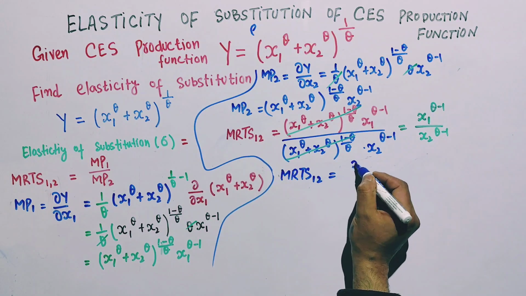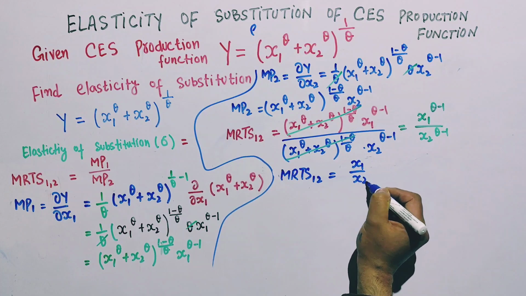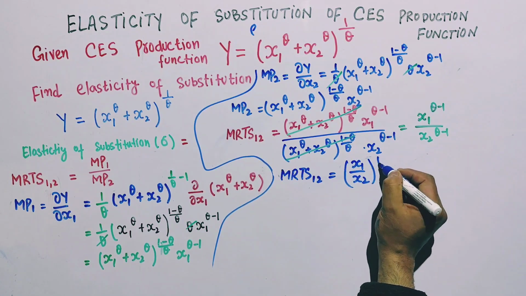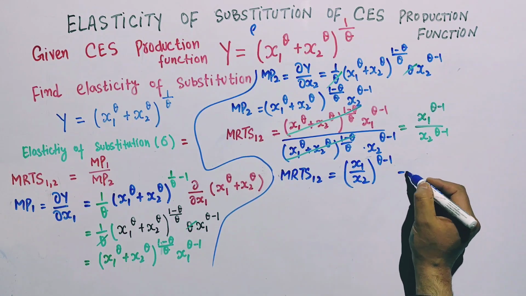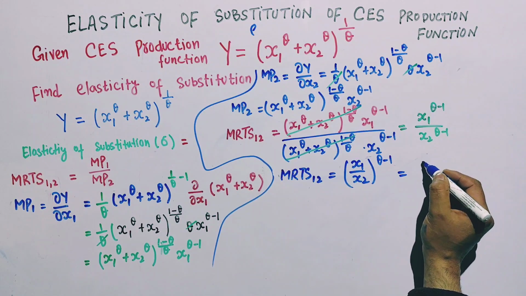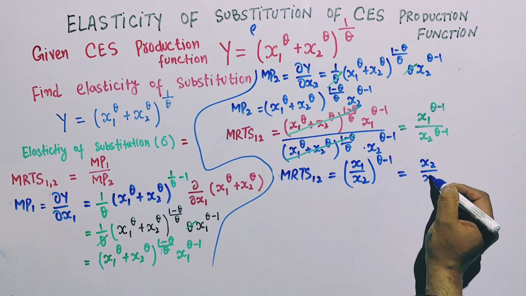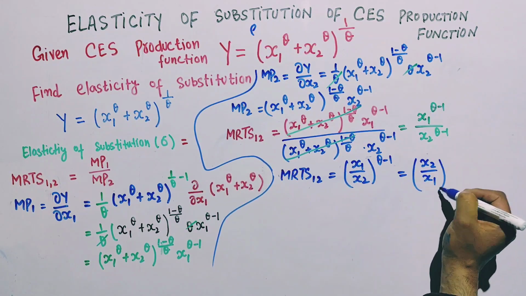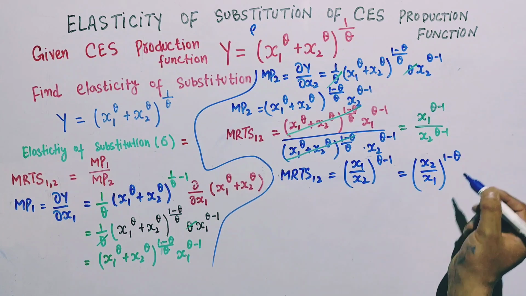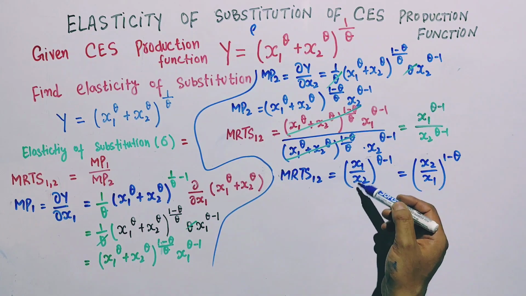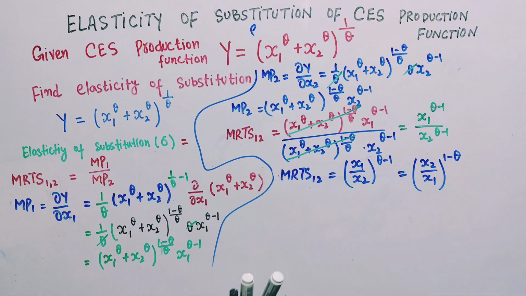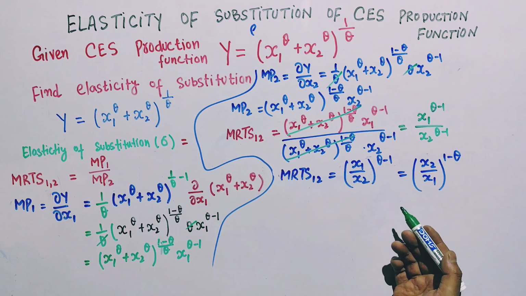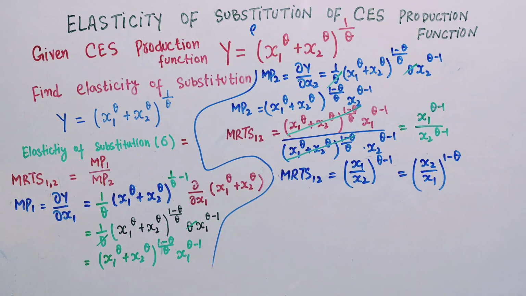Can I rewrite it as (x2/x1) whole raised to the power 1 − θ? Simply I am reciprocating numerator with denominator, and you can check it easily. It will become 1 − θ.